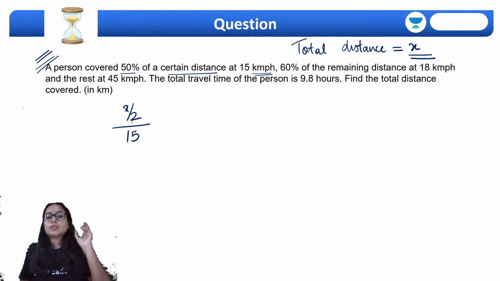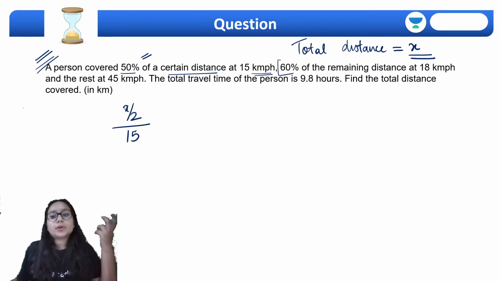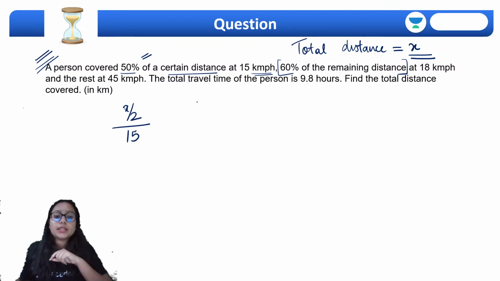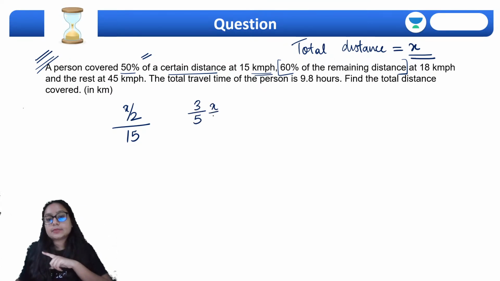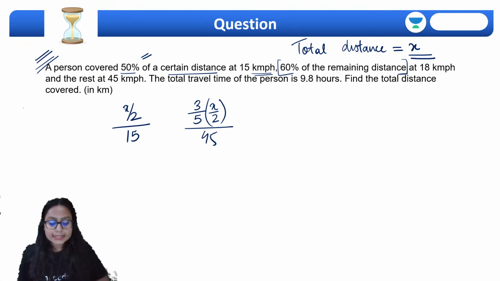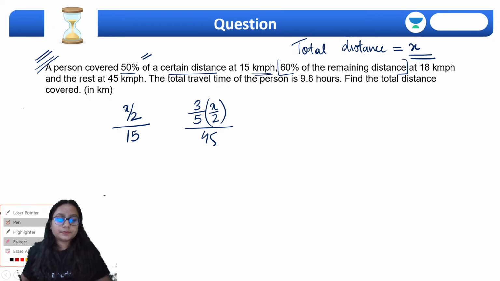So this is the time taken to cover this part of the distance. Then next 60% of the remaining distance. How much is left? x by 2. 60% of it means 3 by 5 of x by 2. Now this is covered at the speed of 45 kilometers per hour. Hence this is the time taken. Then the remaining distance is at 18.